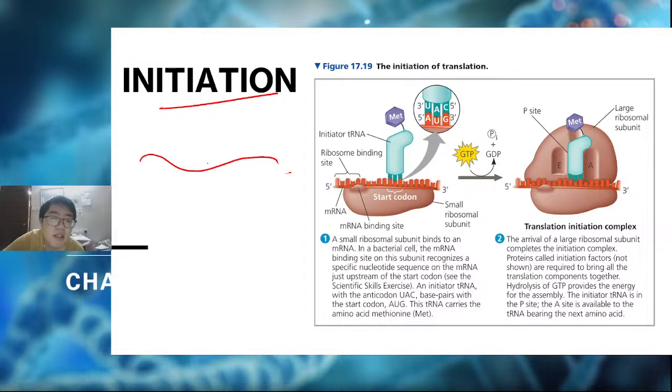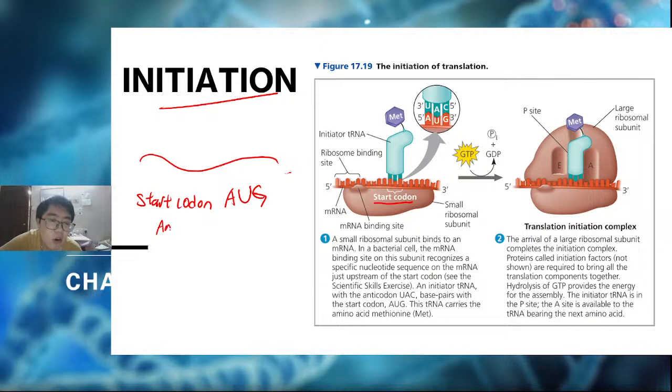So how does it need to start the translation? Where do we need to start the translation? It has a clue. We start the translation at the start codon. Our start codon is AUG.